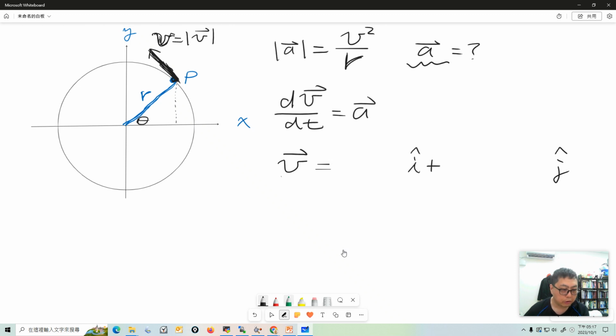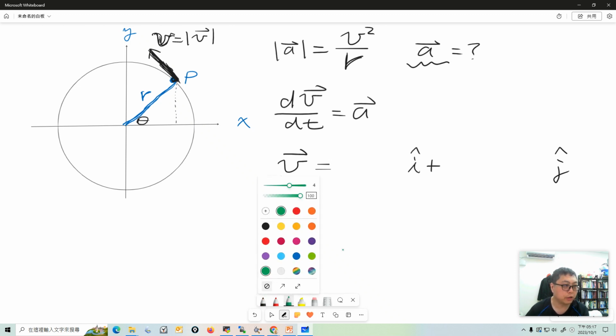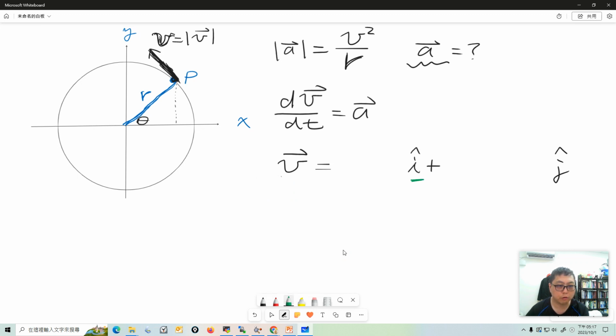So let me decompose. We have to decompose this vector into an x component and a y component.